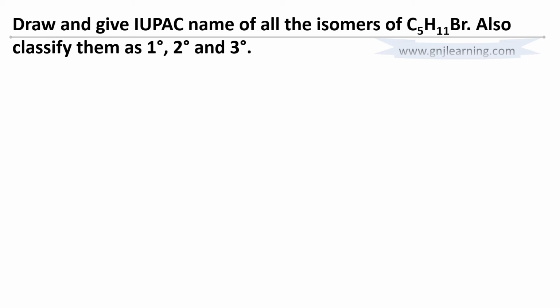So the first one, 5 carbon atoms, means CH3, CH2, again CH2, then CH2. So we have 4 carbons completed, and finally we have CH2Br. So 5 carbon atoms, 1, 2, 3, 4, 5 and Br. Clear?